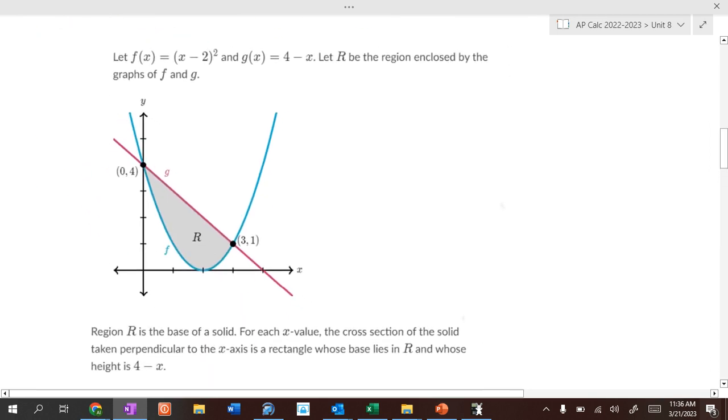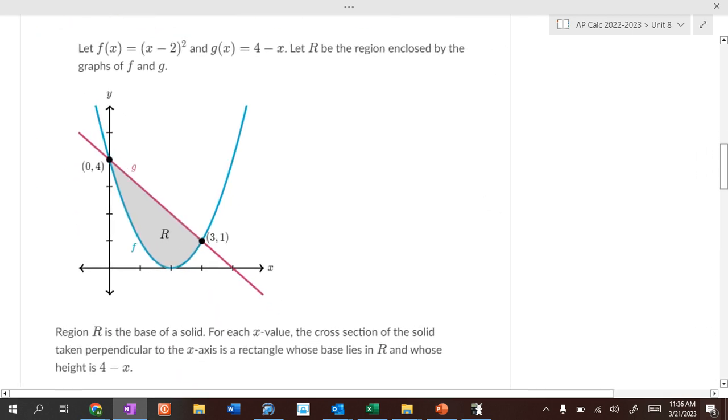So for this one, here's what it looks like, and too bad I can't fit all the answers on here. Again, we're going perpendicular to the x-axis, so I'm going to have, are we doing squares or right? Oh, here's a rectangle this time. So the rectangle's height will be 4 minus x.